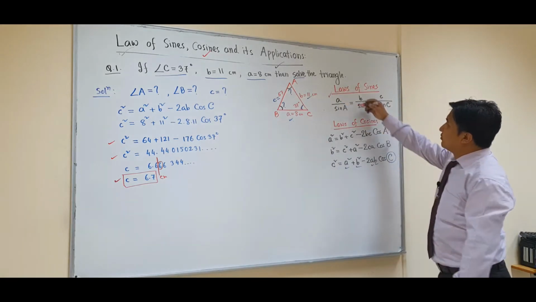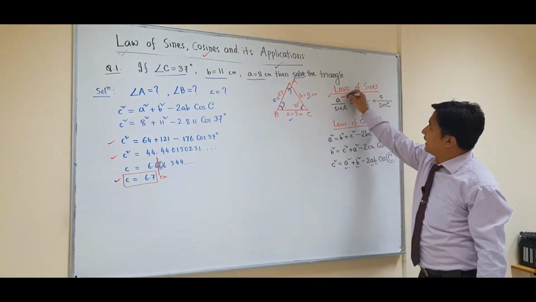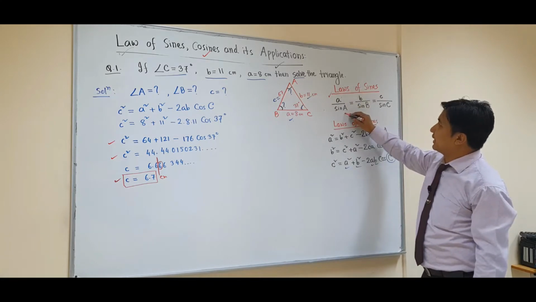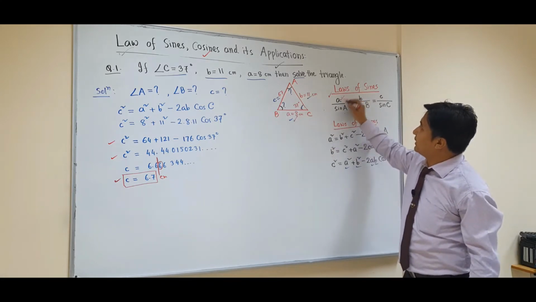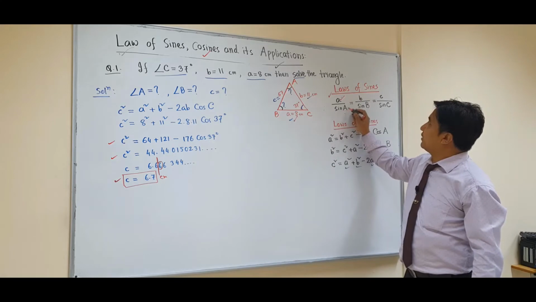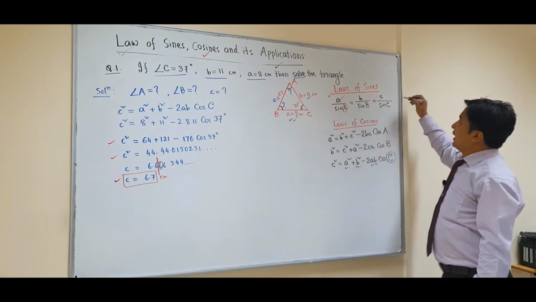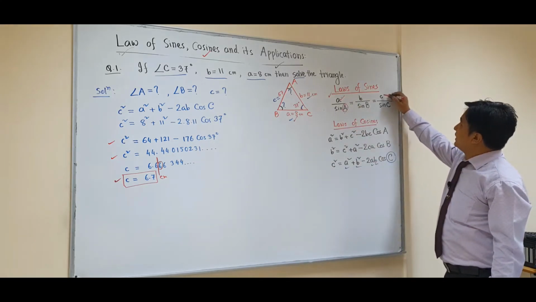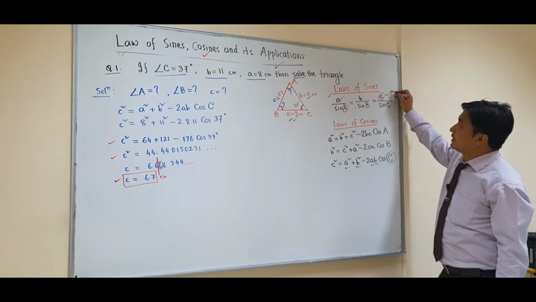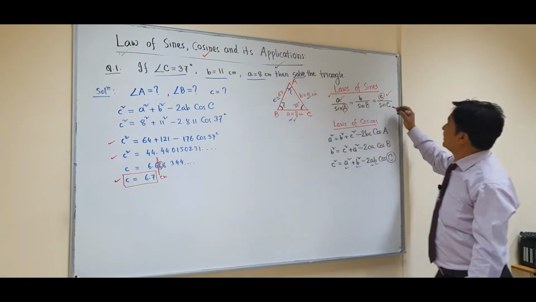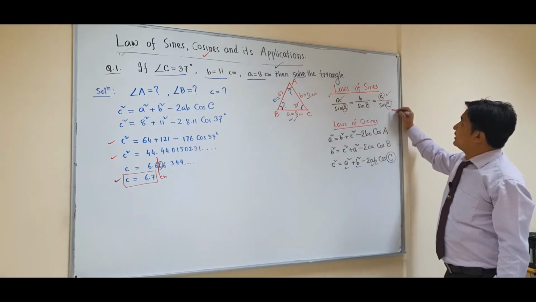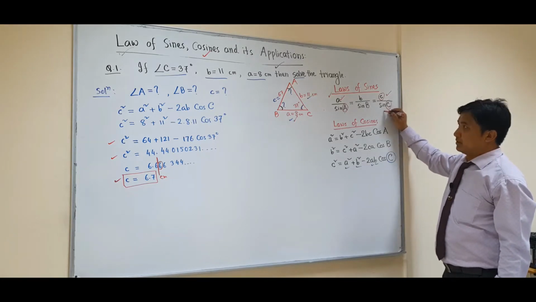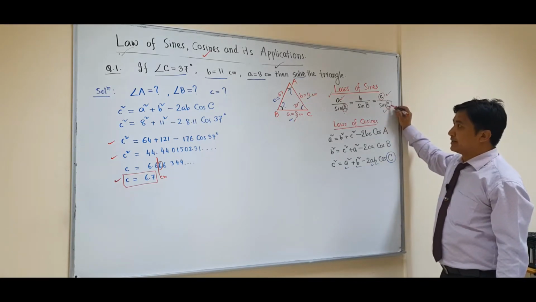laws of sine, we see here that if I take A by sine A, because I know A is 8, sine A, we don't know this. And look at the third one, C. Do we know this C? Yes, we know C, 6.7. Do we know this angle C? This angle C? Yes, we know. How much it is? 37.